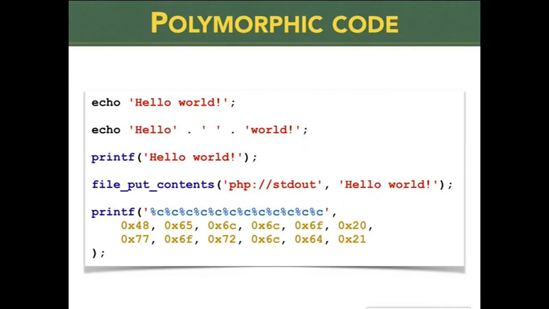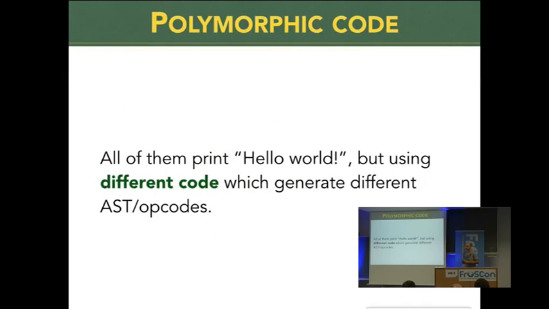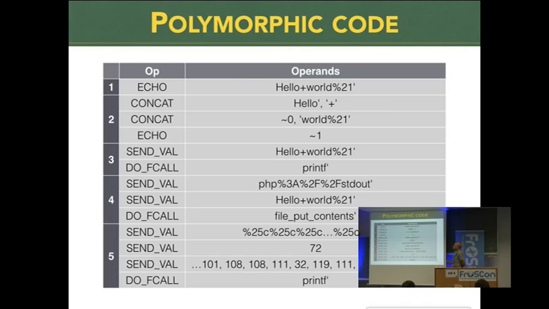So all of them print hello world, but using different code. Using this, you're making life more difficult for an antivirus. And more important, in PHP, it generates different opcodes. If you take a look at the generated opcodes, they are all different. So it makes it difficult.